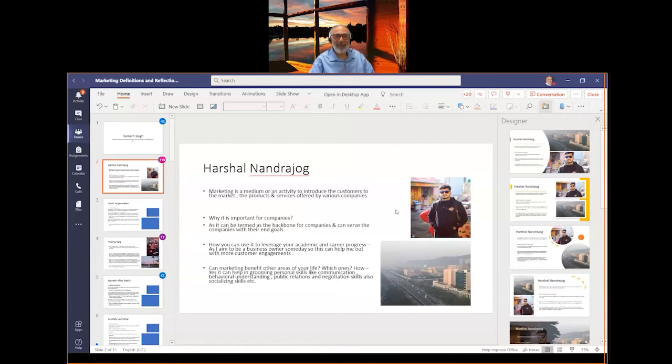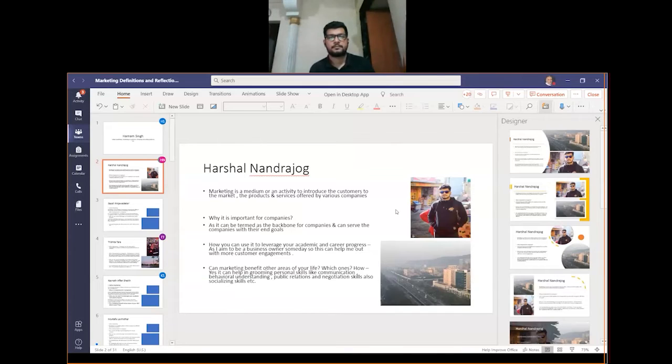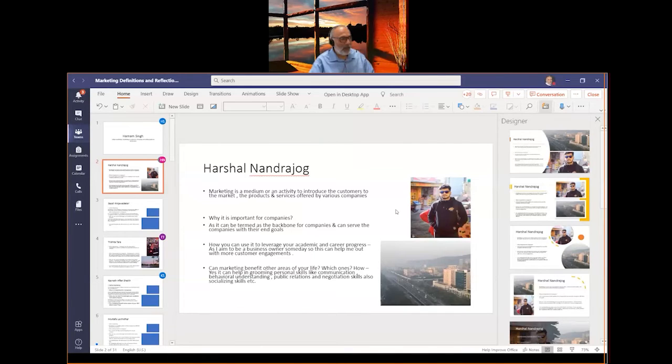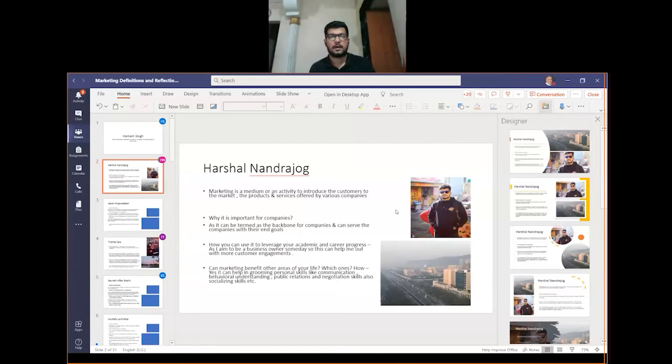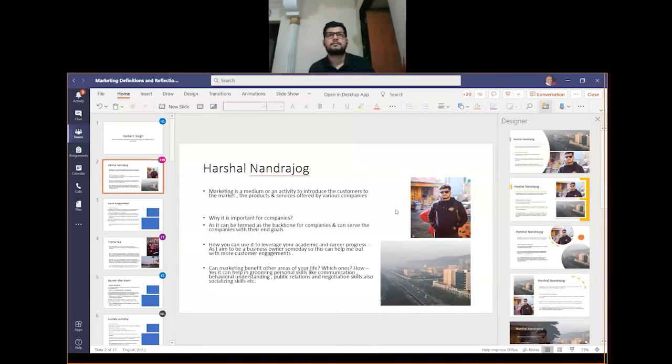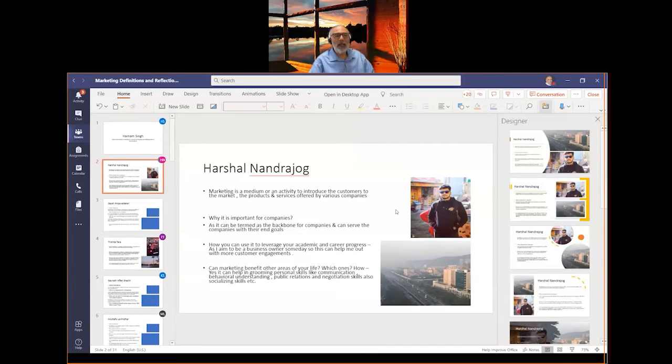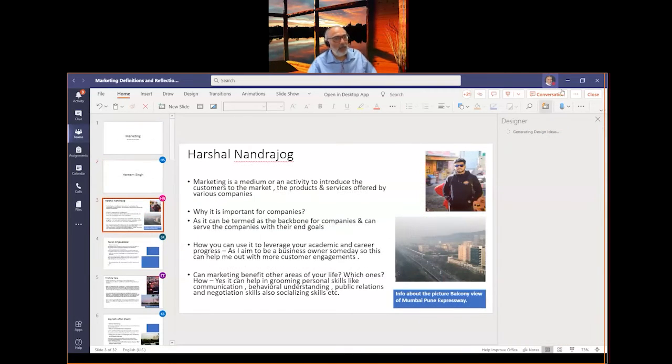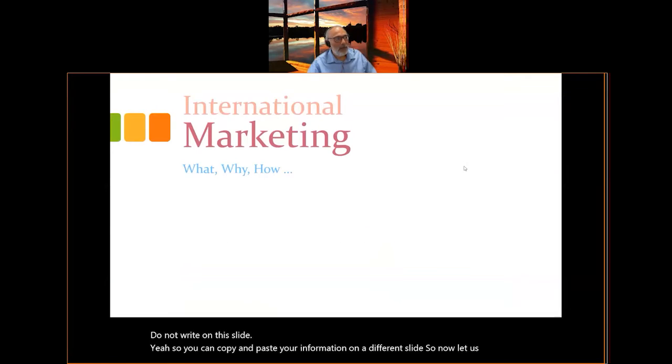No, it's on the 14th floor. Okay, so this is a picture from the 14th floor on a highway, in which city? Kalamboli. Okay, Navi Mumbai. So again, everybody, after this lecture, add a caption under the picture to describe the picture. So now let us go back to our initial slide.